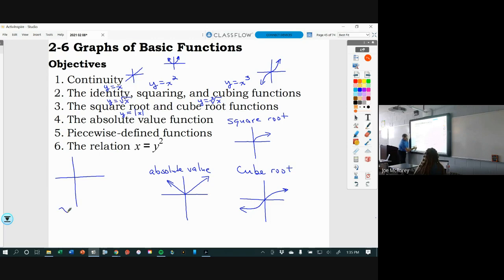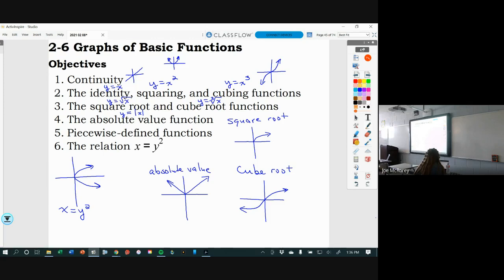If I was going to graph x equals y squared, it looks like this. Is that a function? No. It clearly fails the vertical line test. So it's a relation, and that is what we're talking about in 2.6.